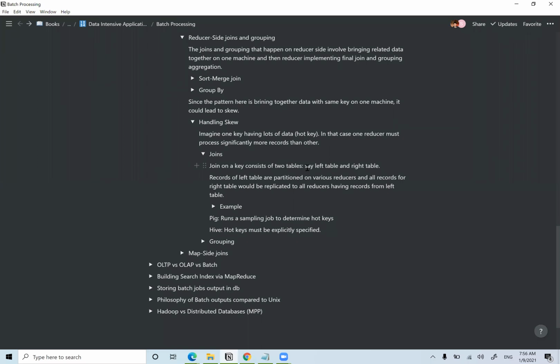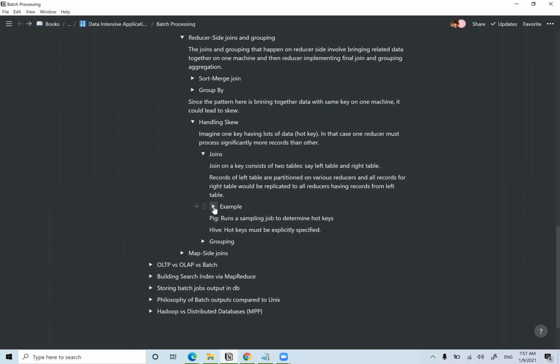Let's say one is the left side and another is the right side. One of the ways you can handle skews to perform a join is that you partition the data from one side of the table, and from the other side of the table you send all the records to each partition.